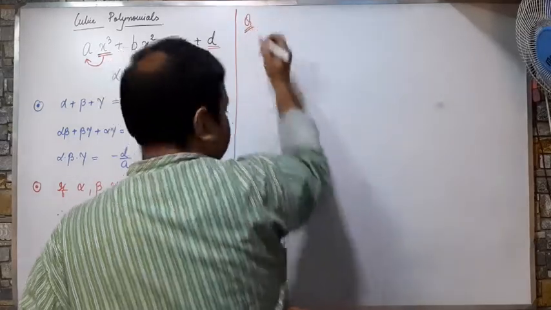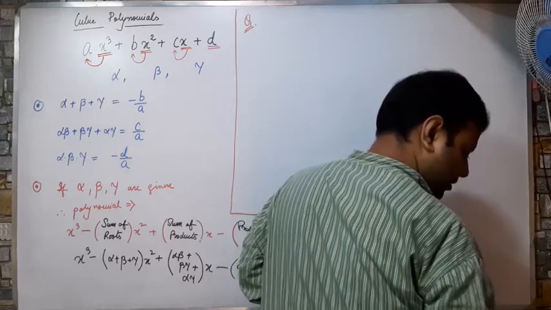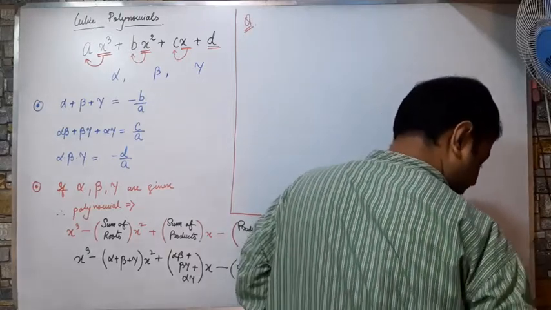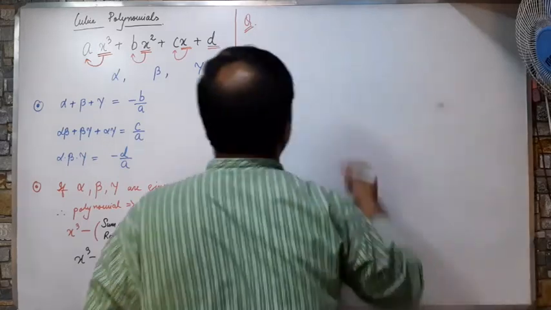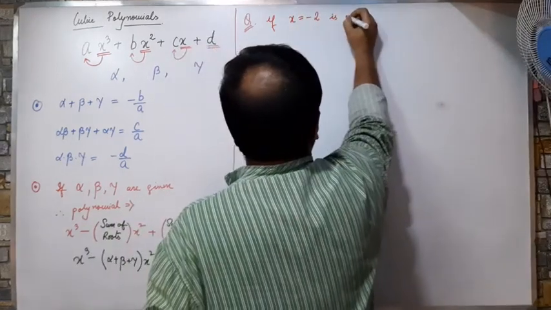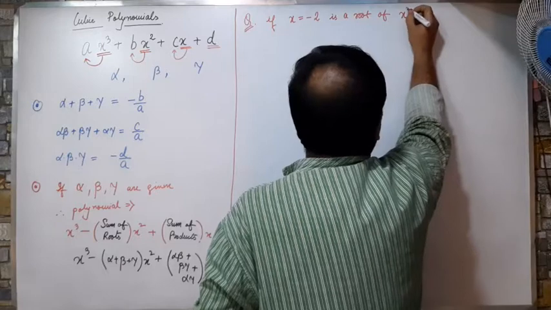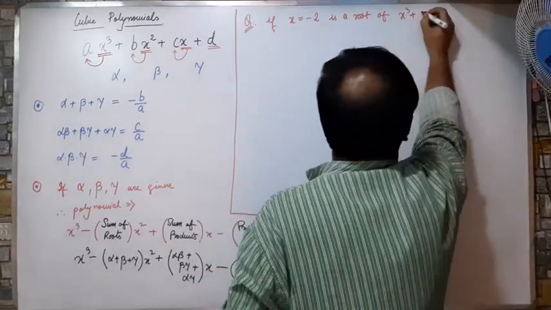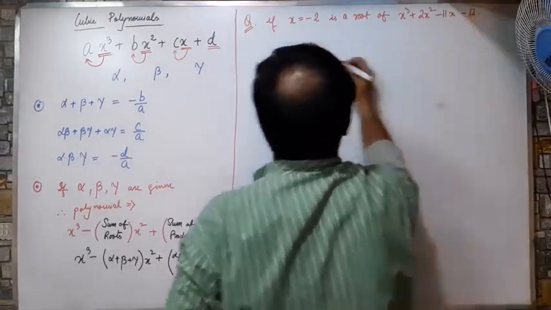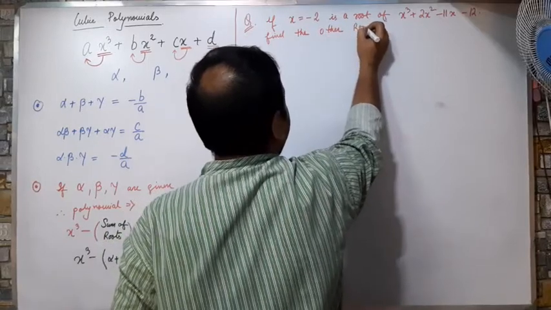So the question goes like this. If x equals minus 2 is a root of x cube plus 2x square minus 11x minus 12, find the other roots.